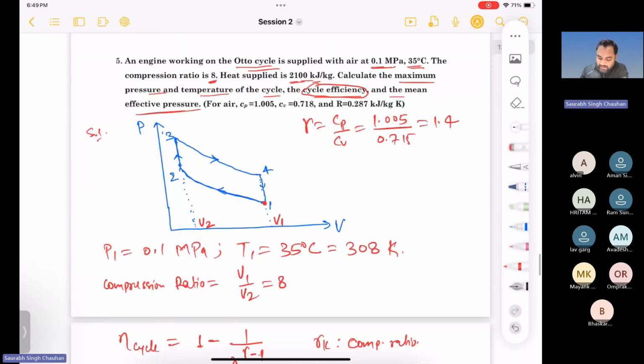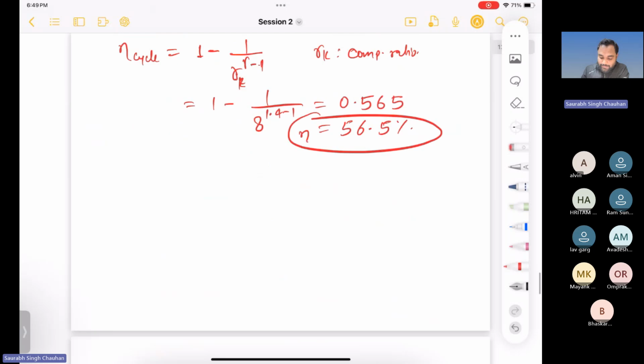Now T1 to T2, which type of process is this? 1 to 2 is isentropic compression, correct? For isentropic compression, you have this relation: P1 V1 to the power gamma is equal to P2 V2 to the power gamma. This is in terms of pressure and volume, but in temperature terms also you can write it.